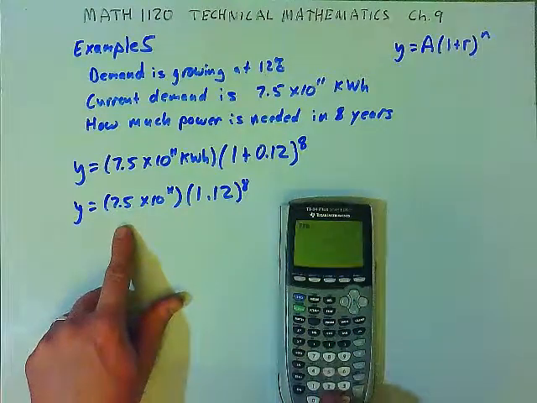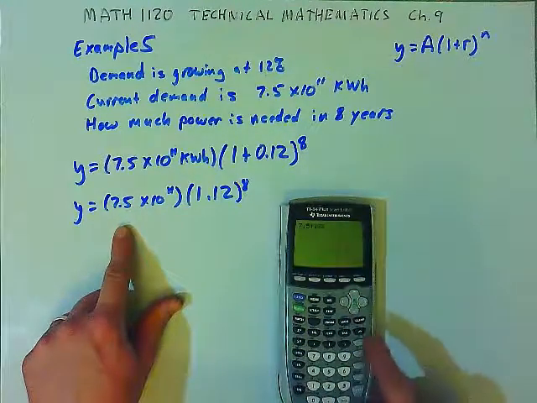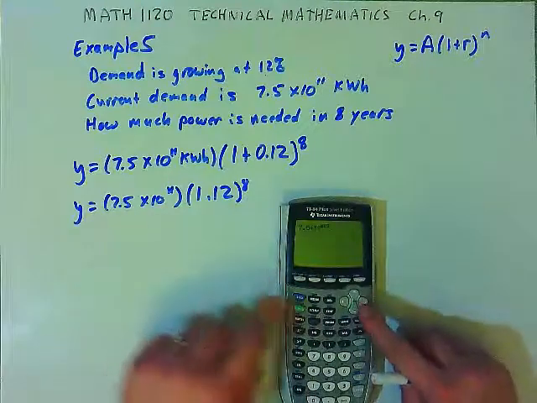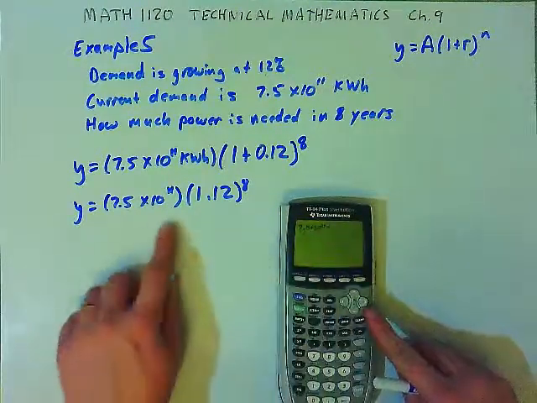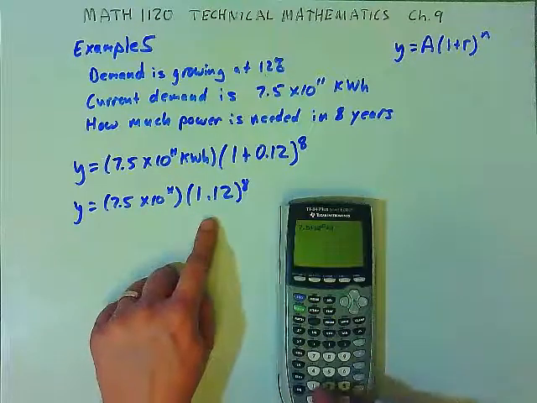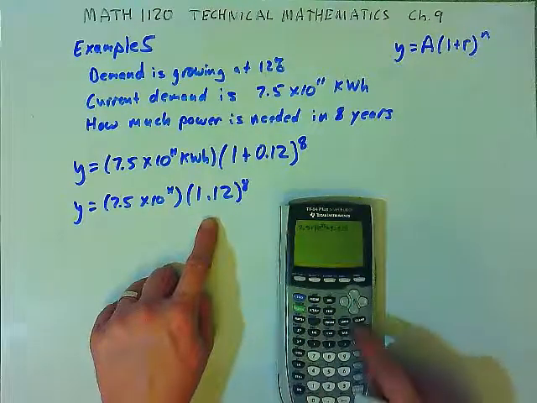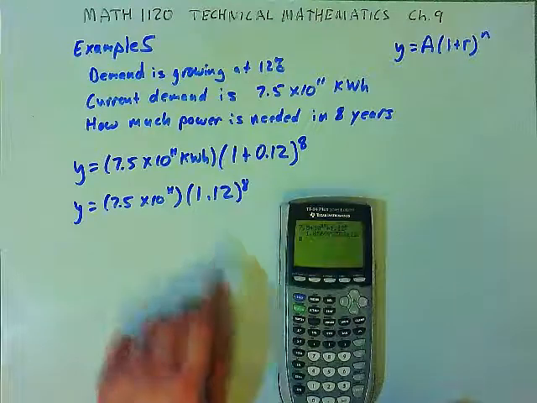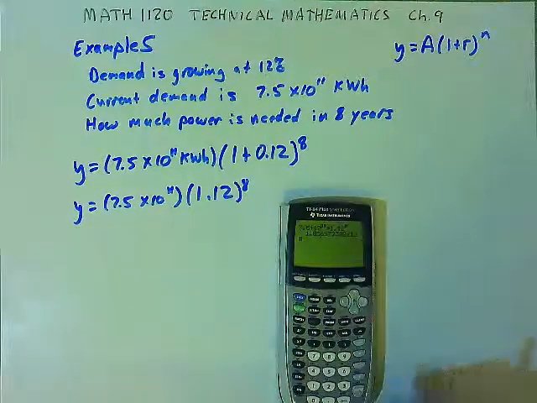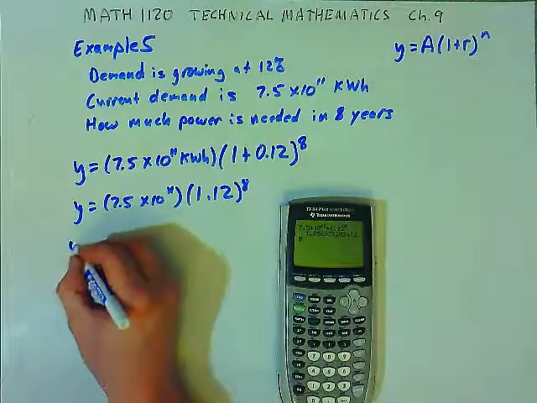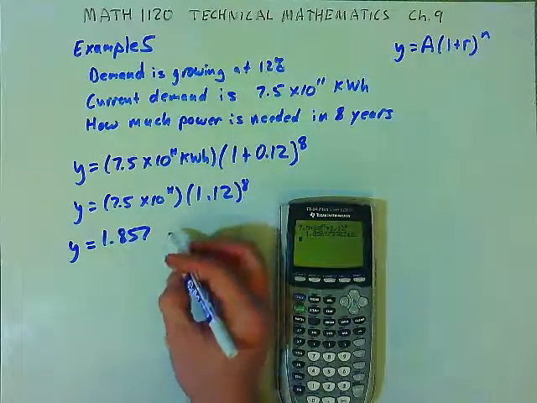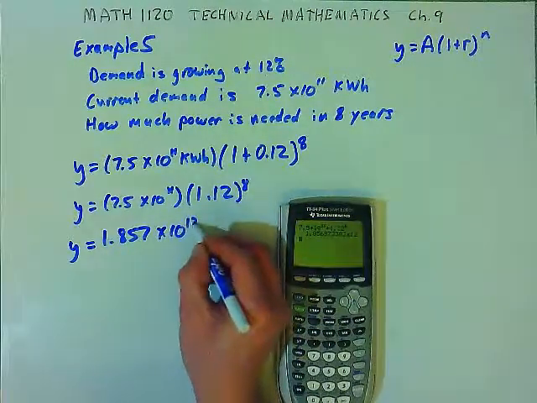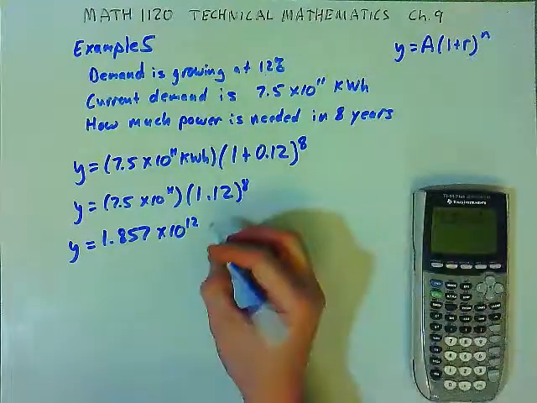I need 7.5 times 10 to the 11th power, and then on my calculator I have to hit the right arrow to come out of the exponent, and then I want to multiply by 1.12 to the 8th power. And we get 1.857, I'm going to round, 1.857 times 10 to the 12th power, and this will be kilowatt hours.